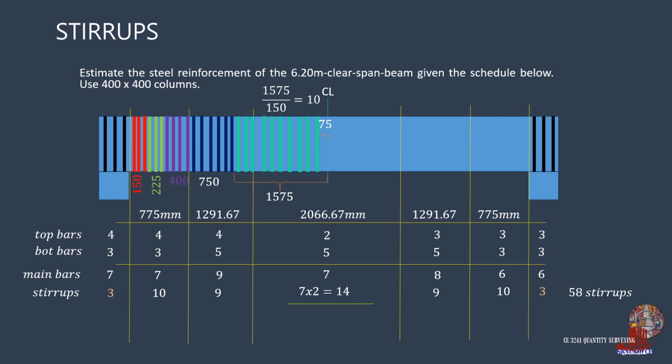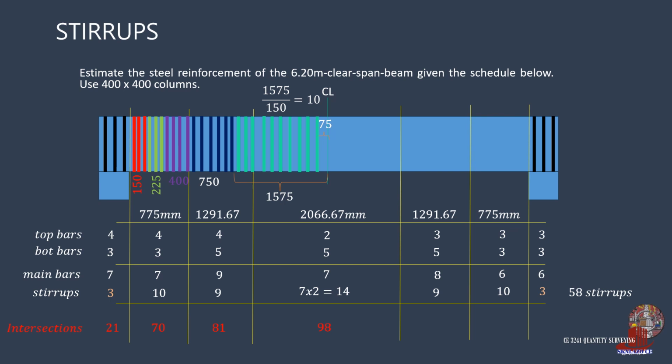Also, complete the table to find the number of intersections, which is the product of the main bars and the stirrups. From the left column connection, 7 times 3 gives 21. Next is 7 times 10, giving 70. The next span has 9 by 9, which is 81.